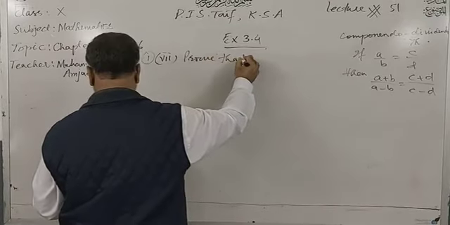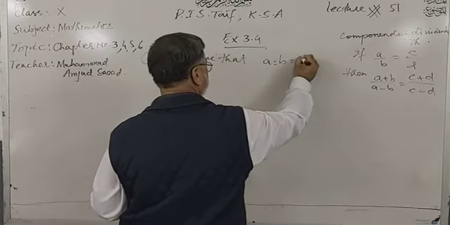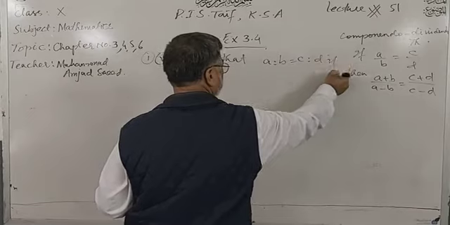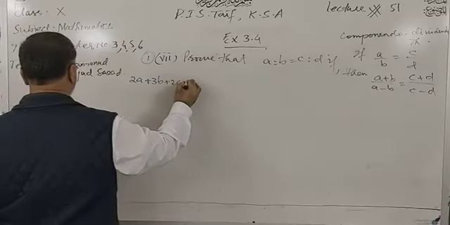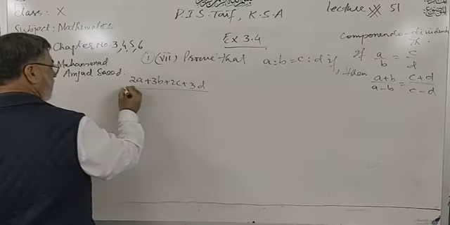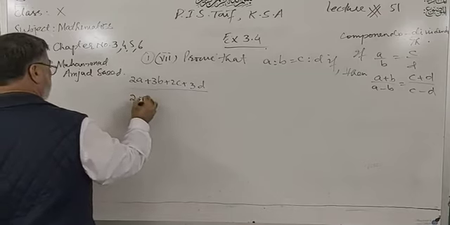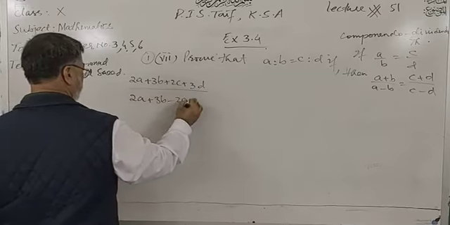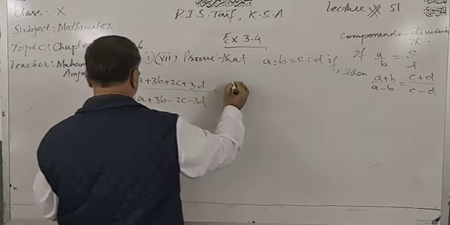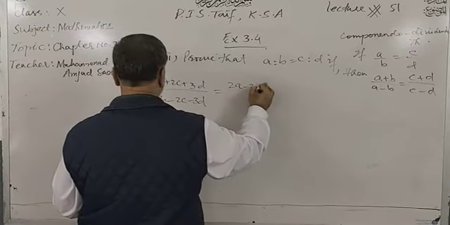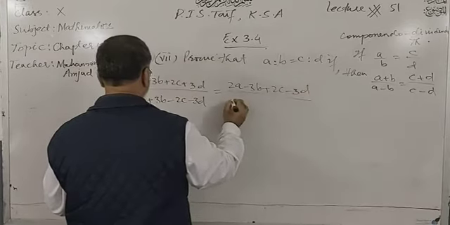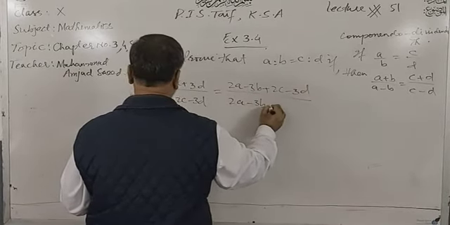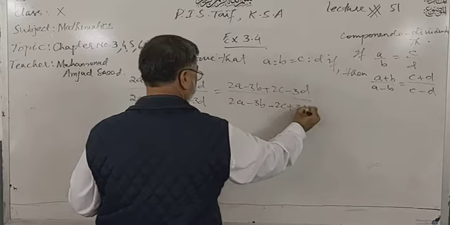The question is, prove that A ratio B is equal to C ratio D if (2A plus 3B plus 2C plus 3D) over (2A plus 3B minus 2C minus 3D) is equal to (2A minus 3B plus 2C minus 3D) over (2A minus 3B minus 2C plus 3D).